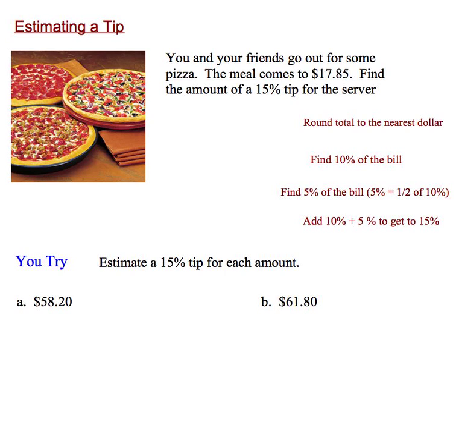So in this case, easy way to do this is first round the total to the nearest dollar. So our actual meal, $17.85. That's not an easy one to figure 15% of, so I'm going to say that's about $18.